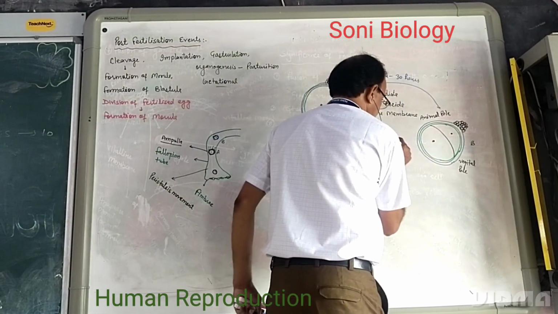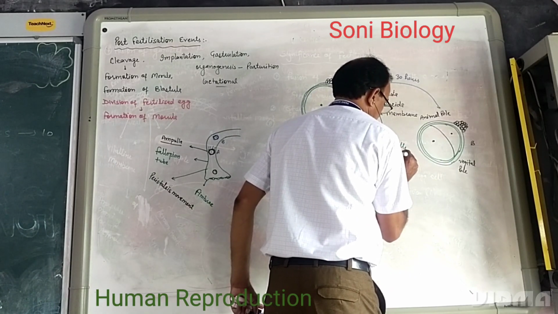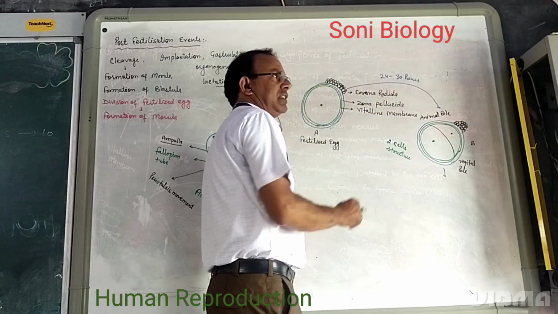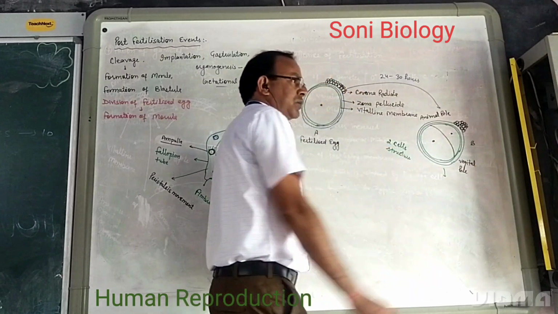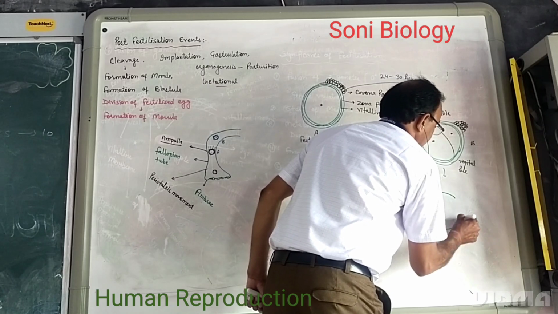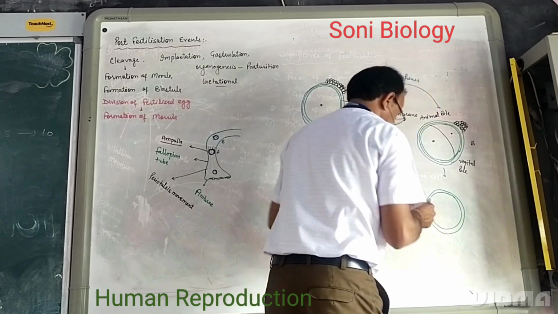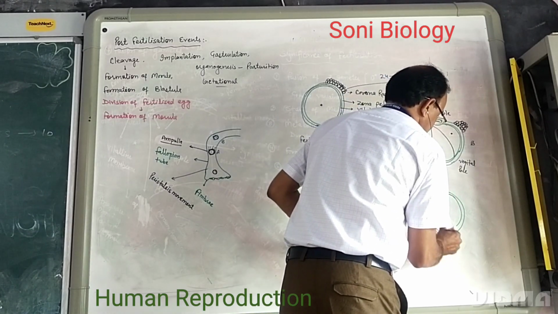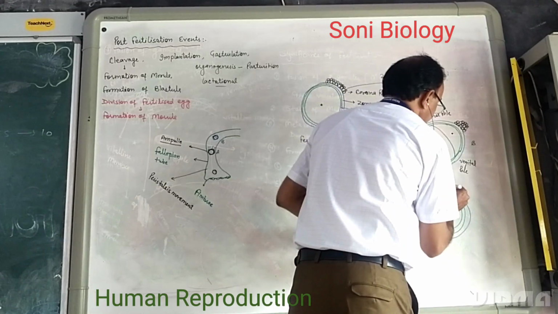It forms this two cell structure. After the two cell structure, division of the larger cell can take place perpendicular to the first division. This is the egg, vitelline membrane, zona pellucida, corona radiata.